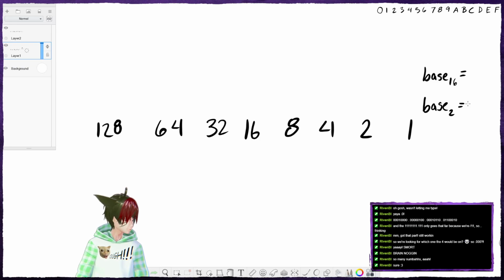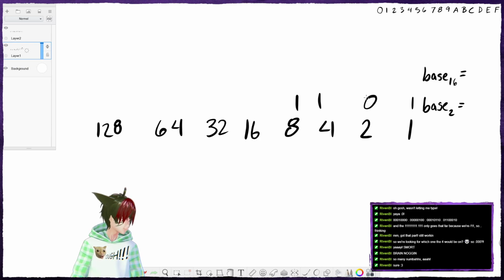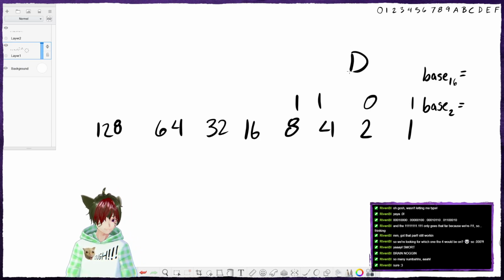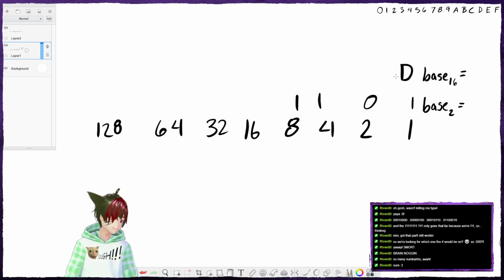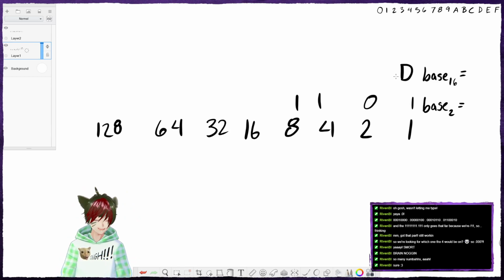So we know. What was it? Did I say 13 or 16? I forget. 13. Let's just go with 13. And then as for base 16, 13. Base 16 is just D. Get the D. Right?